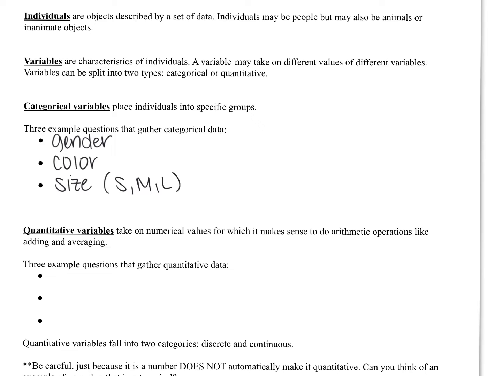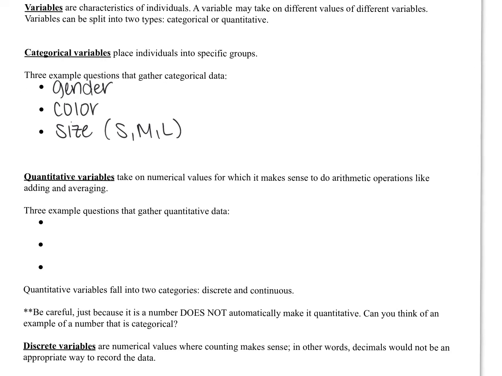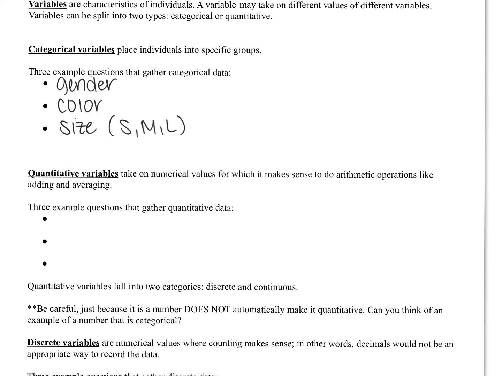And then with quantitative variables, they take on numerical values for which it makes sense to do arithmetic operations like adding and averaging. So it's very important here that when we talk about quantitative, it's not just a number. It has to be a number where it makes sense that I can find the average.